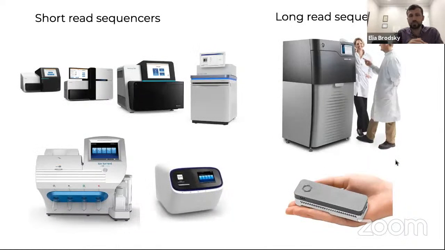Now, this type of data is produced by sequencing machines. These sequencing machines include short read sequencers, and we will primarily in this program deal with short sequence data. So this includes short reads that are generated from the full genome or whatever sample we have. And we also have what's called long read sequencers.